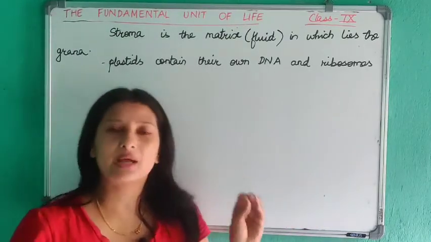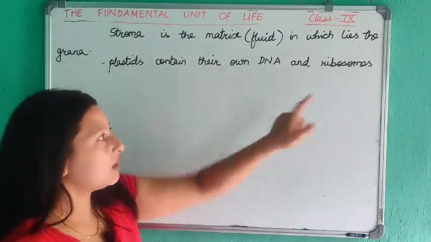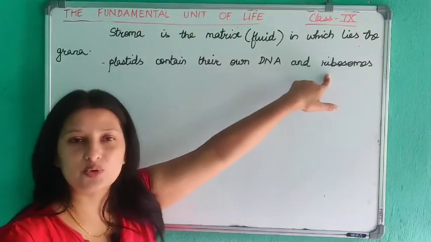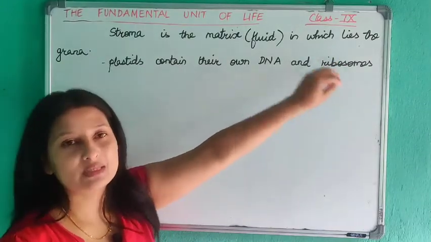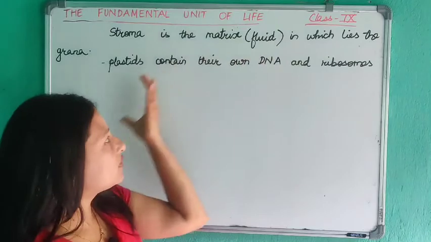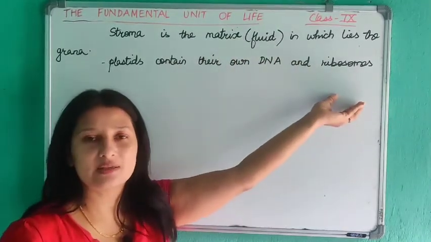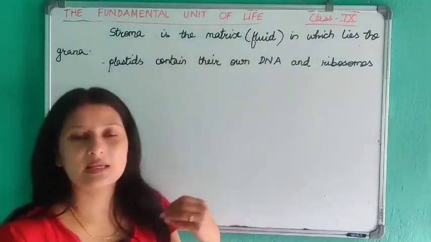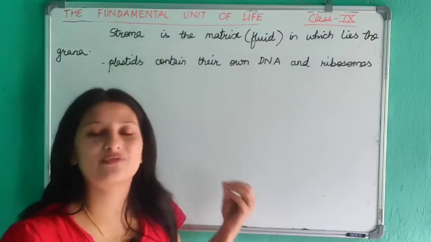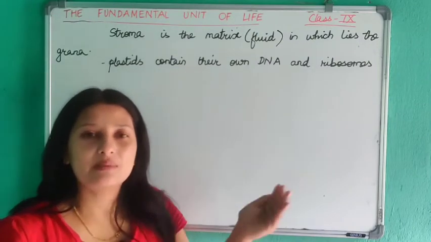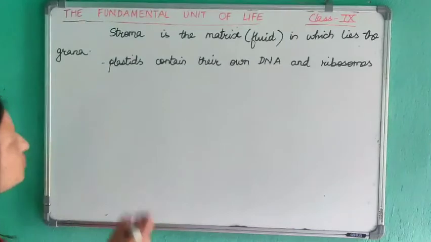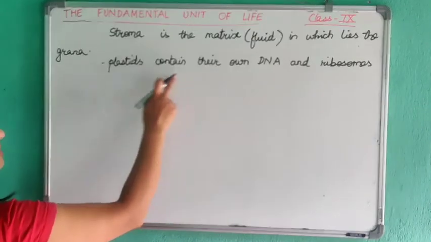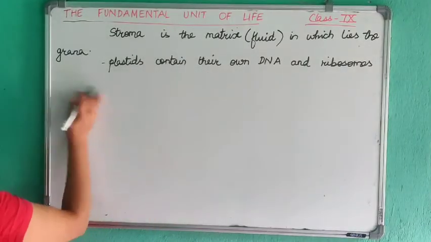Afno DNA, afno ribosomes hunuko फाइदा के छ? Ribosomes, they synthesize protein. So they are protein synthesizing machinery. These plastids have their own protein synthesizing machinery. Plus DNA are self-duplicating or self-replicating units. They can make their own copies. Okay, so plastids contain their own DNA and ribosomes.